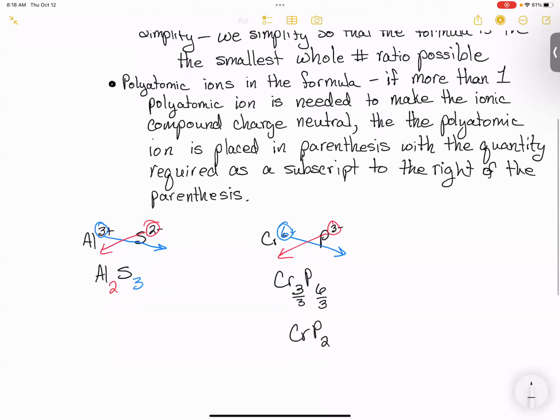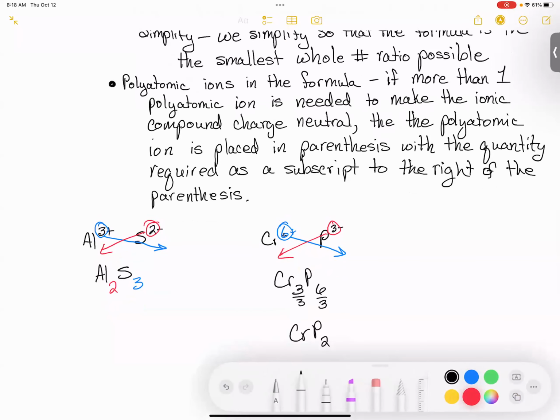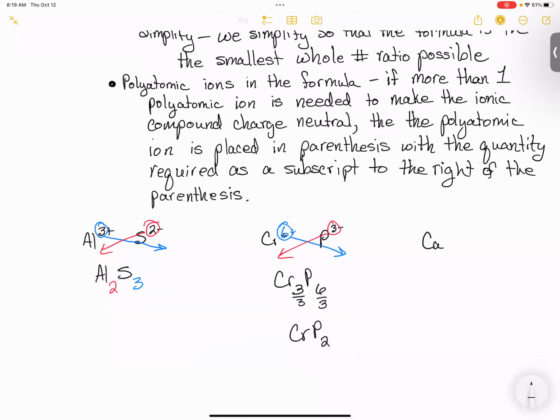Okay, so let's look at another one. Let's combine calcium. What charge does calcium have? +2. With hydroxide. What is the formula for hydroxide? It is one of the few polyatomic ions that end in IDE. OH minus, which means there's a -1 there.